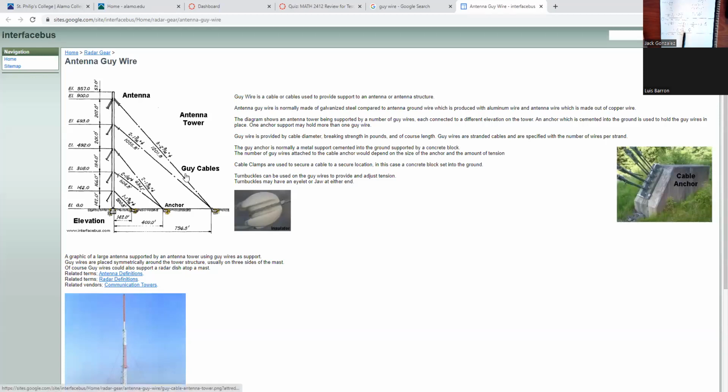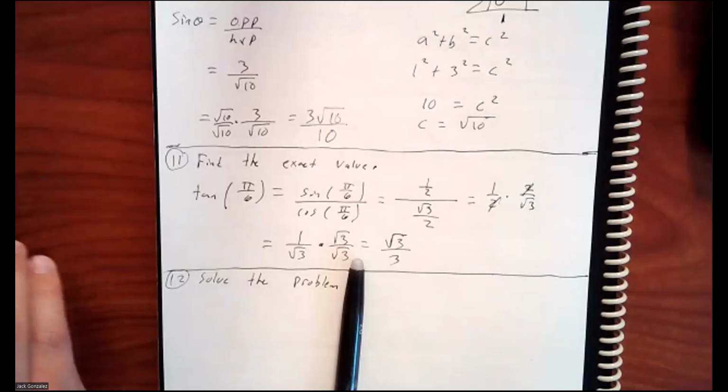So basically, it's an anchor for the antenna. So we have an antenna, they're attaching the guy wire 10 feet from the top. And then it goes all the way down and forms an angle with the ground, 30 degrees. That's the picture they're describing in the paragraph. Do you see the picture now? Yeah, it forms a triangle, which is key, right? That way we can solve it.